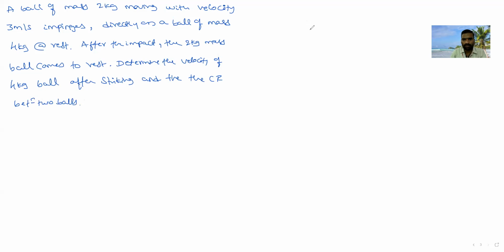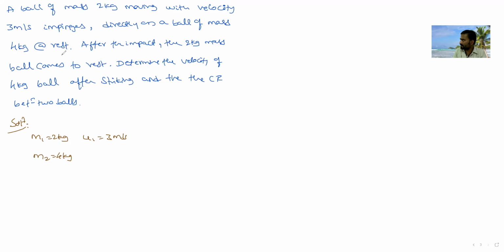Okay, see what the given data is that you should know first. A ball of mass 2 kg, so M1 is given as 2 kg, with a velocity U1 of 3 meters per second, impinges directly on a ball of mass 4 kg, so M2 is 4 kg, which is at rest.